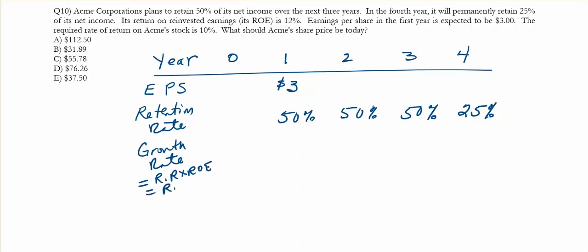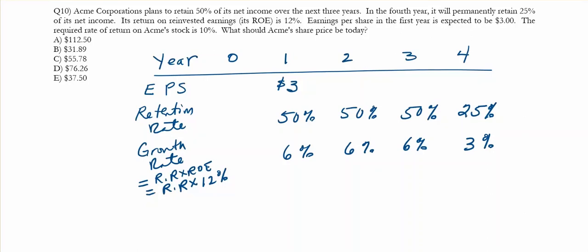Now the ROE in this case is 12%. So the growth rate will be 6%, 50% of 12%, 6%, 6%, and then 25% of 12%, so the growth rate will go down to 3% a year.